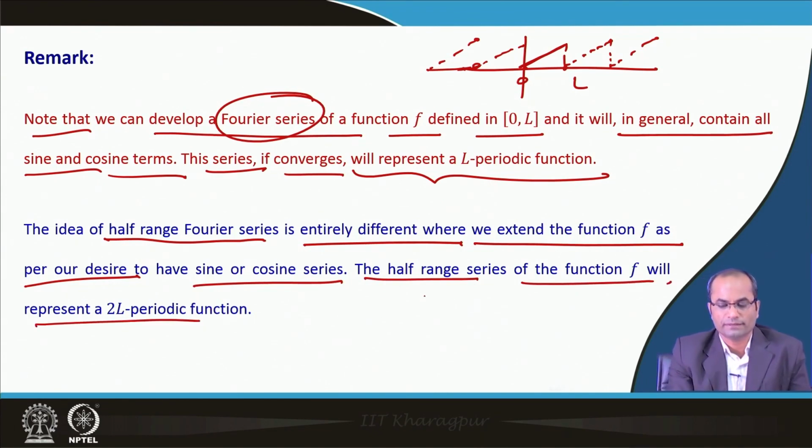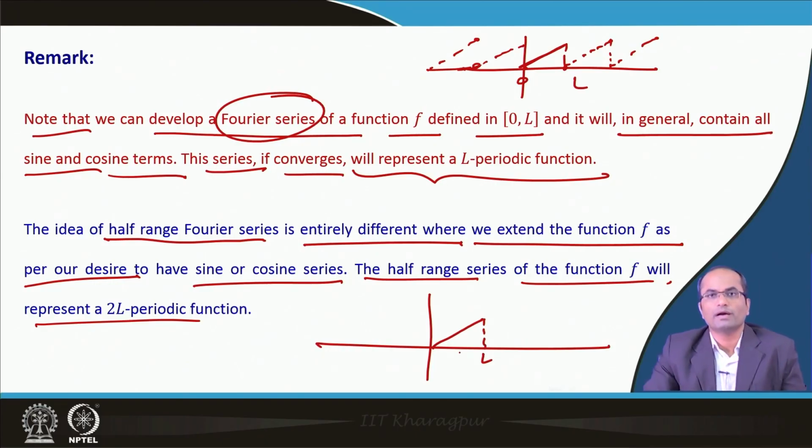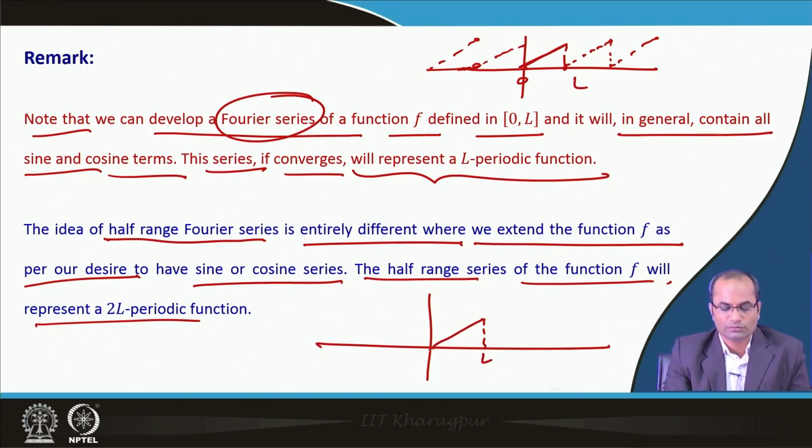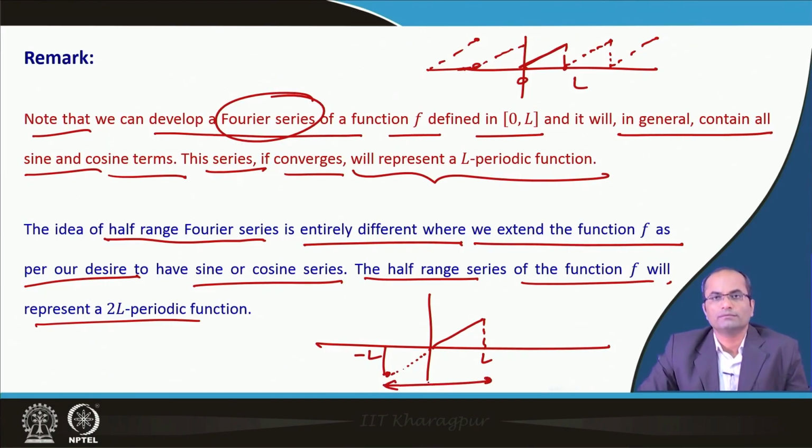So, for instance, if I consider the same function defined in this 0 to L, and suppose I want to have a sine series of this function, what I will do, I will make an extension to this function in this region minus L to 0, so that the function in this range now becomes an odd function, and now I can write down its Fourier series, and that Fourier series will converge to a function which will be 2L periodic, not just the L periodic.